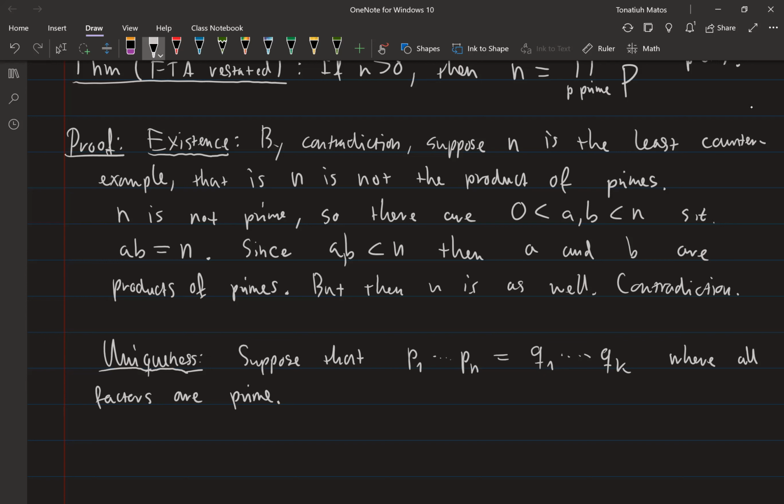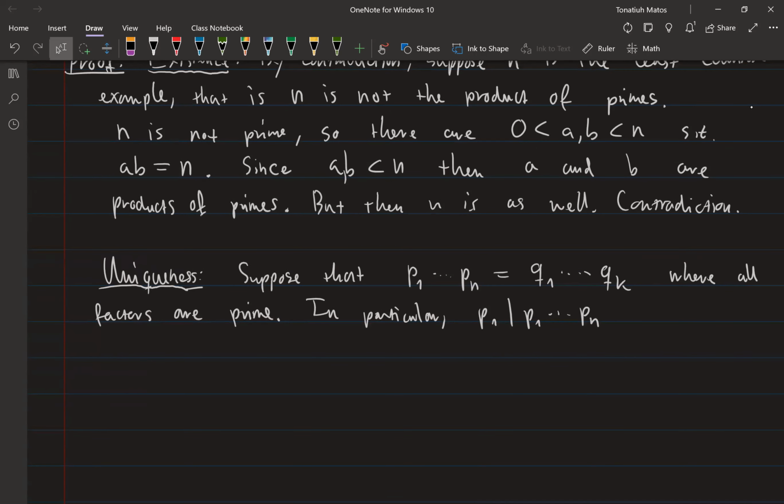Right. So in particular, p1 divides, well, of course, the product that contains p1. It is already a factor of it, so of course it's going to be a divisor. But this is the same as this other number.